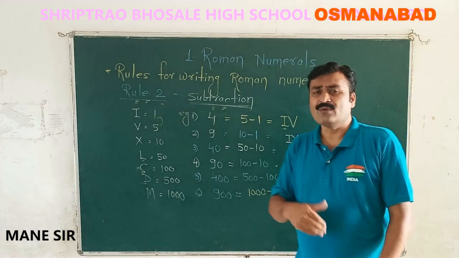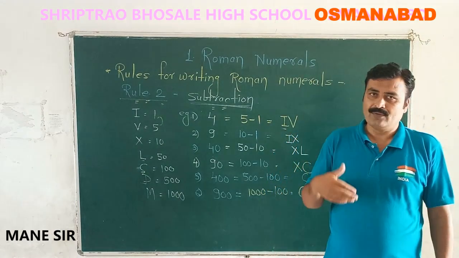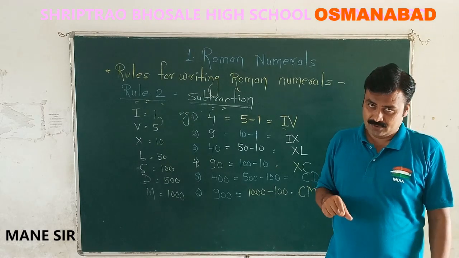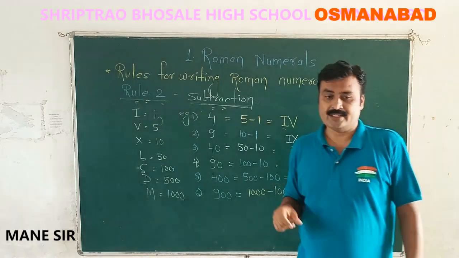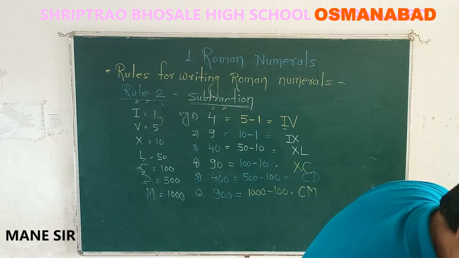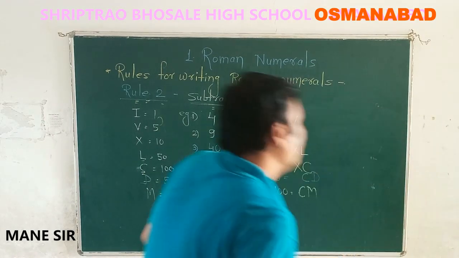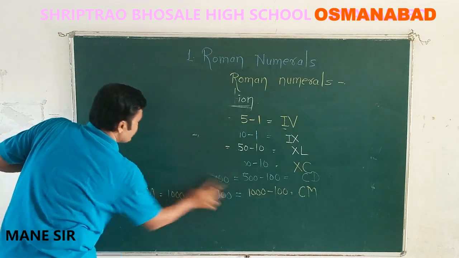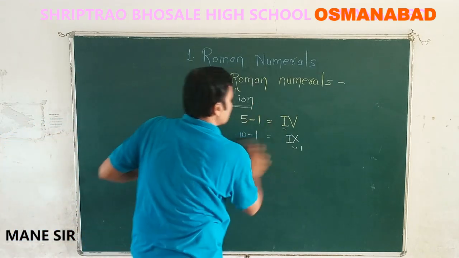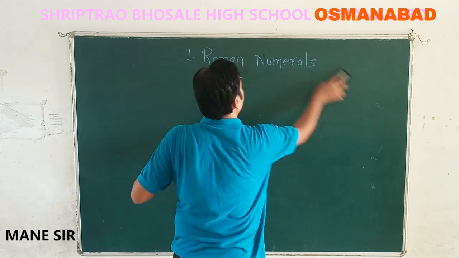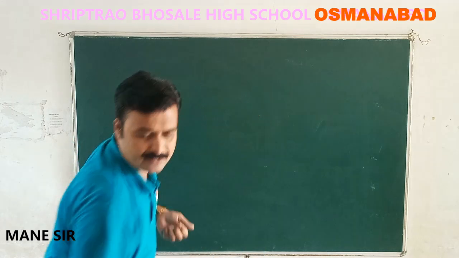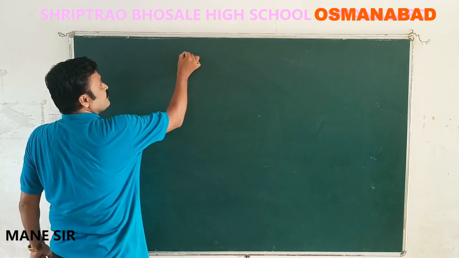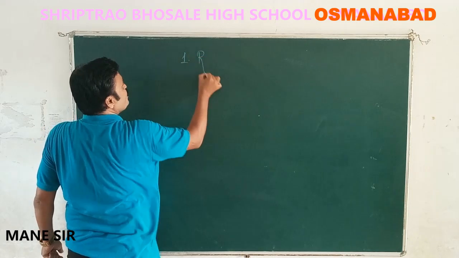Now today we are going to explain our remaining 2 rules that are also important for us. So let's proceed. On this green board we continue today's part. Again I write the subtitle of this lesson: Roman numeral.